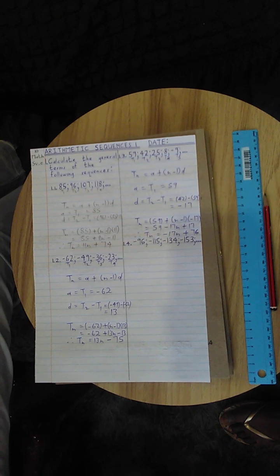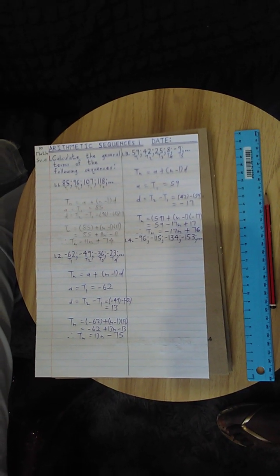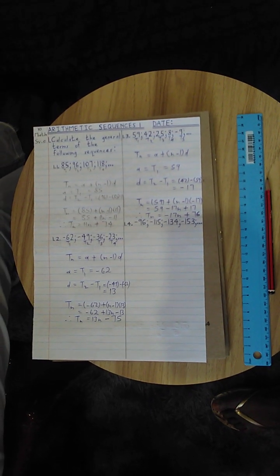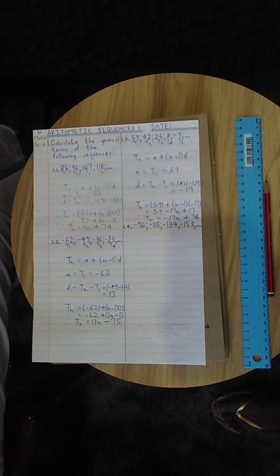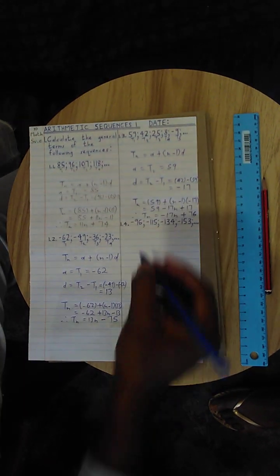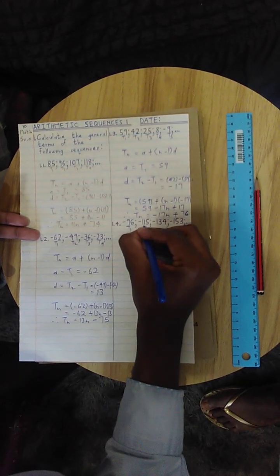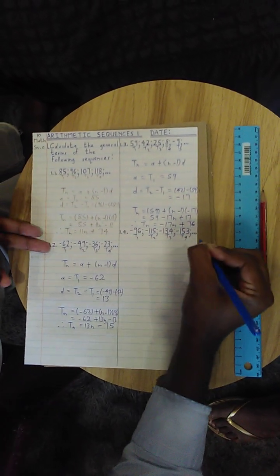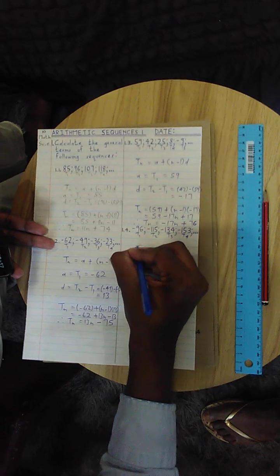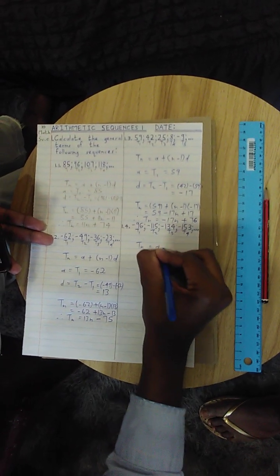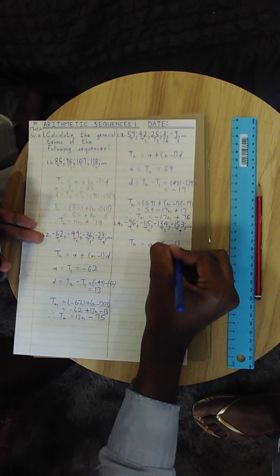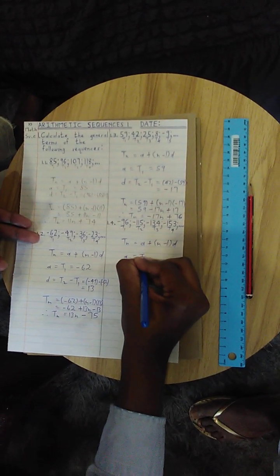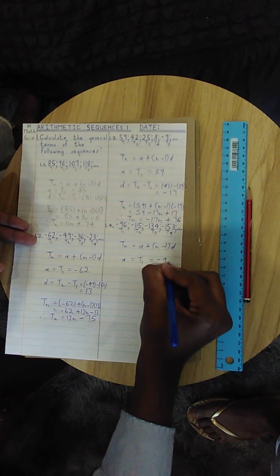1.4, the terms that we are given are negative 96 followed by negative 115 followed by negative 134 followed by negative 153. So label them T1, T2, T3, T4. Formula as usual, Tn is equal to A plus n minus 1 D. So A is T1, which is negative 96.